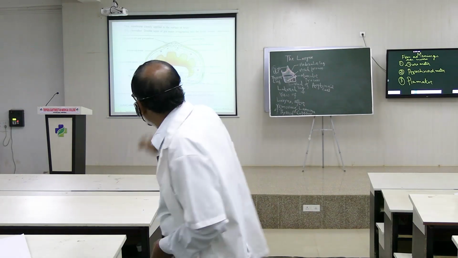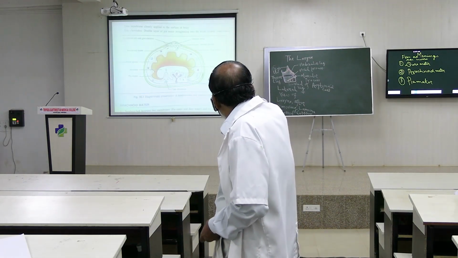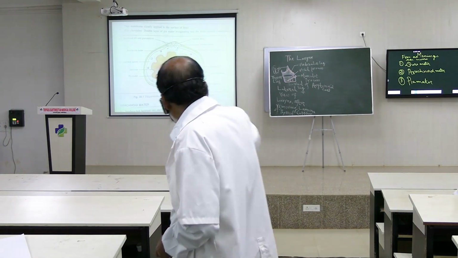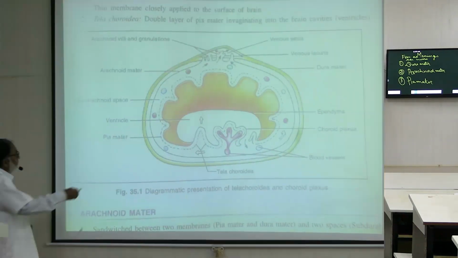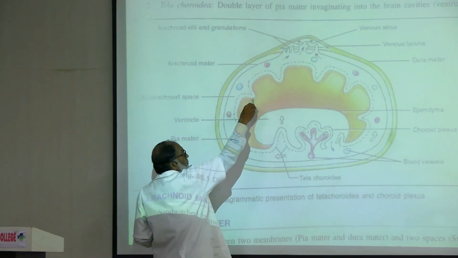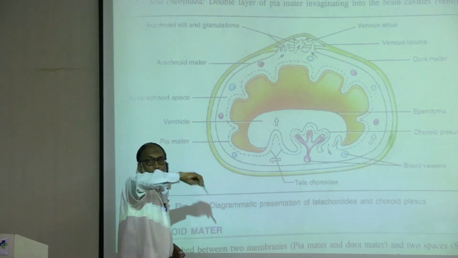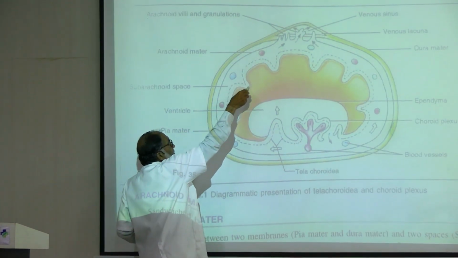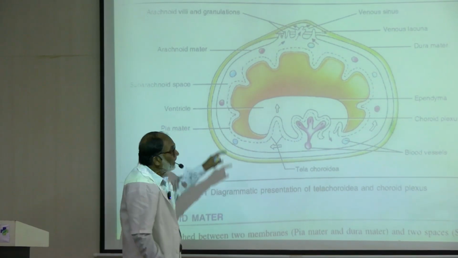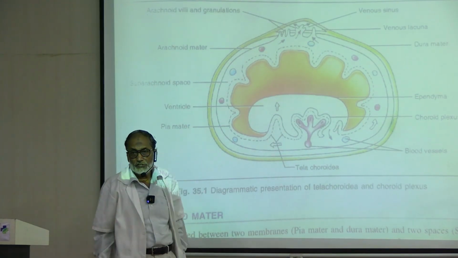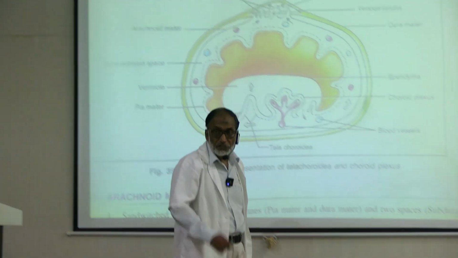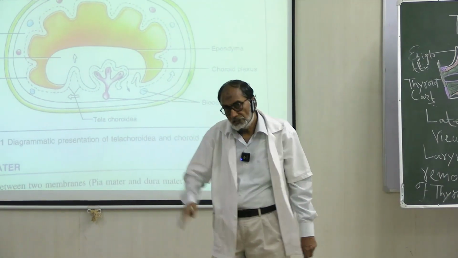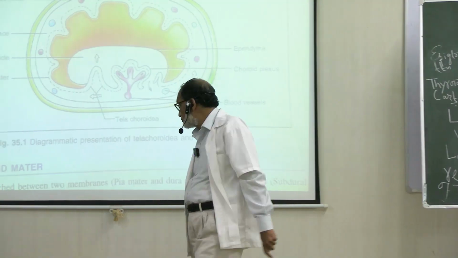What is sulcus? Here you see the brain is wavy in the figure. Somewhere it is raised, somewhere it is like a wave. The deeper area is known as sulcus and the raised area is known as gyrus.